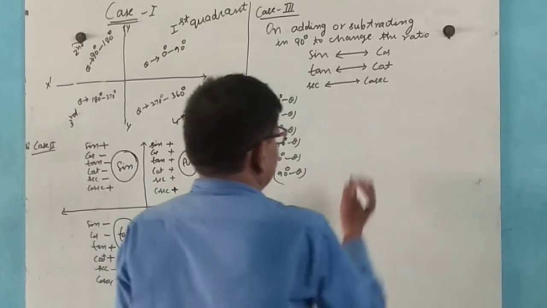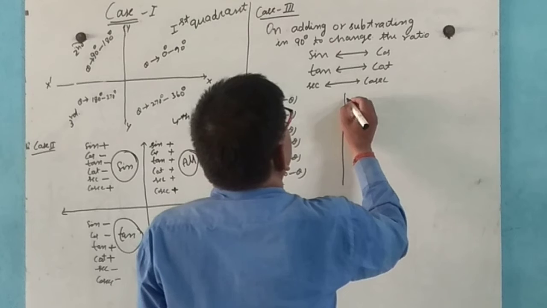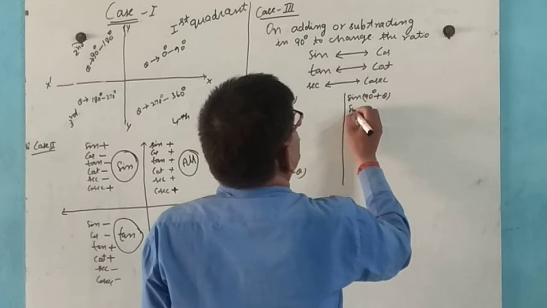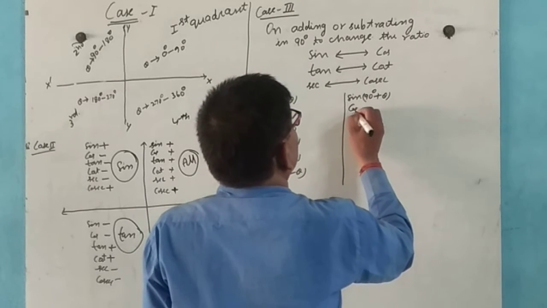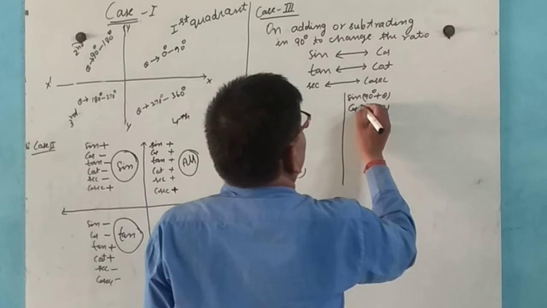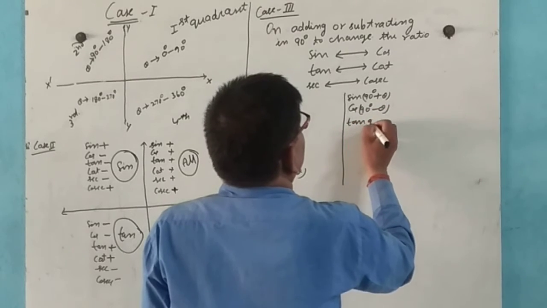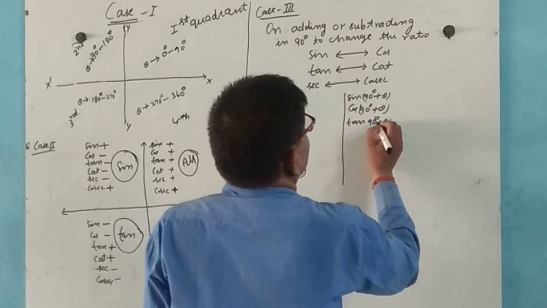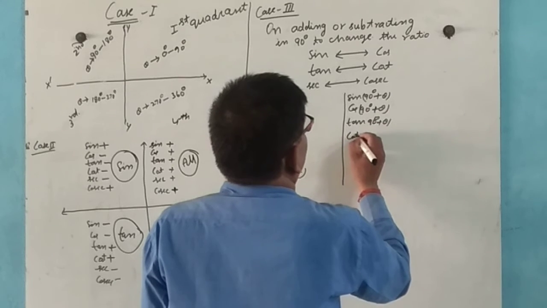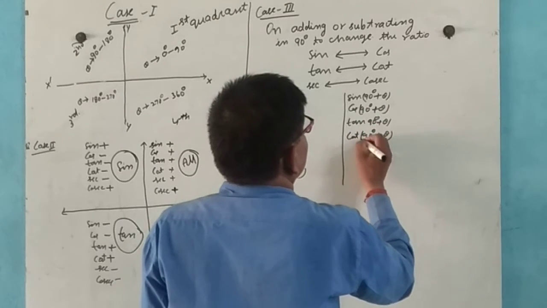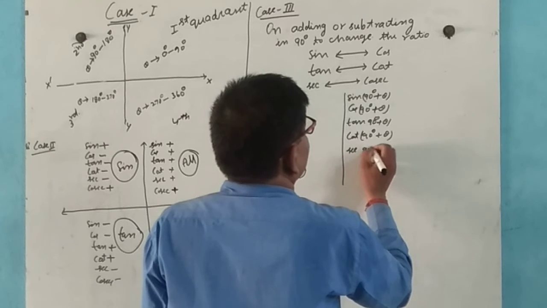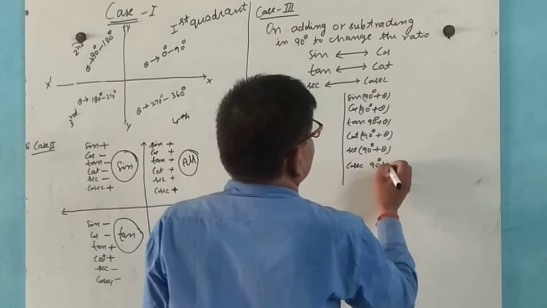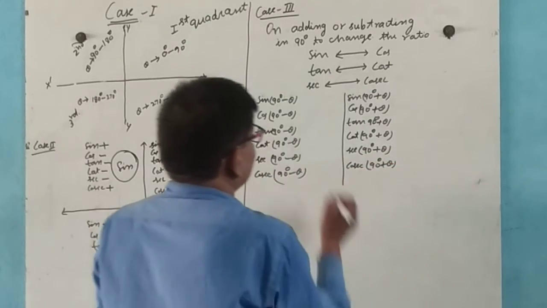In a similar sense, we can also write sin 90 plus theta, cos 90 plus theta, tan 90 plus theta, here this is plus, cot 90 plus theta, sec 90 plus theta, cosec 90 plus theta.